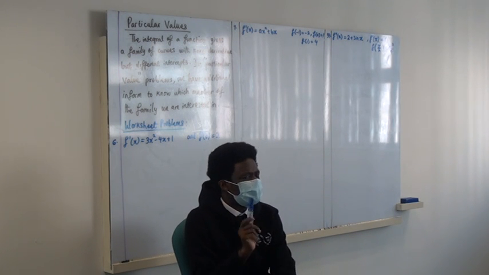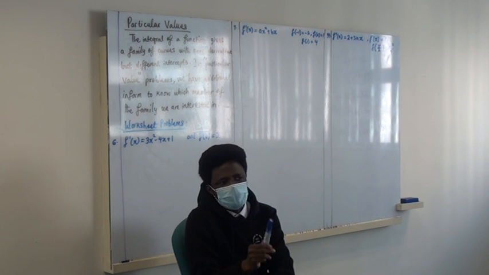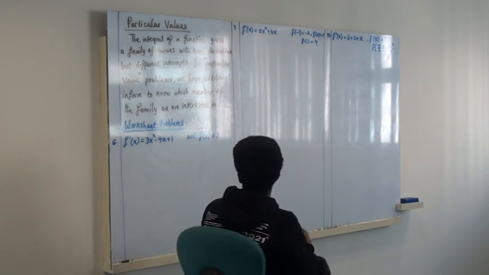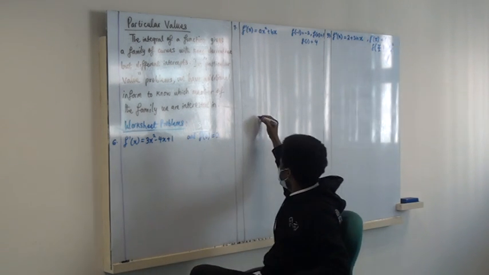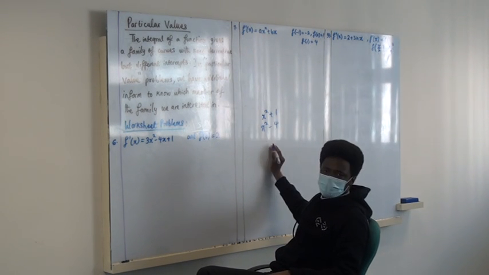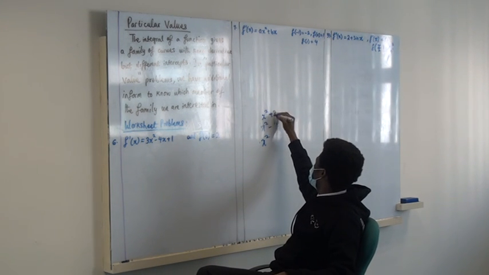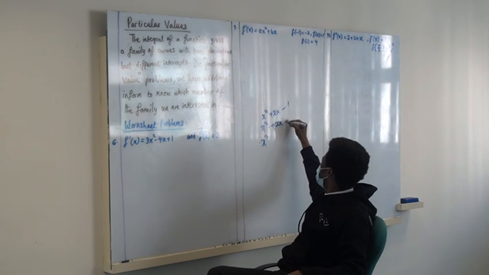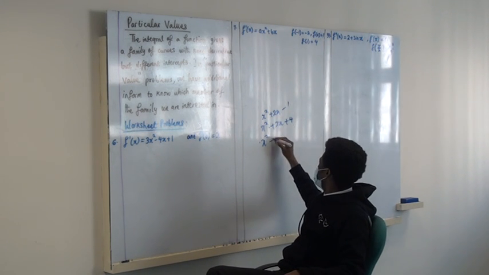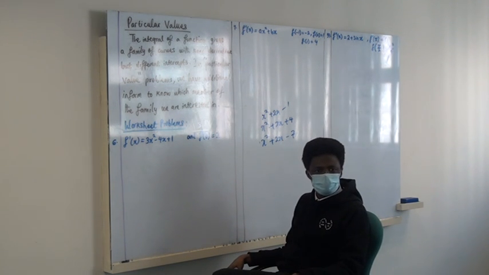Now, you will notice that some curves, a family of curves, will have the same gradient function. For example, if I have x squared plus 1, x squared minus 4, or even x squared, or maybe x squared plus 2x minus 1 plus 4, x squared plus 2x minus 7, they all have the same gradient function.